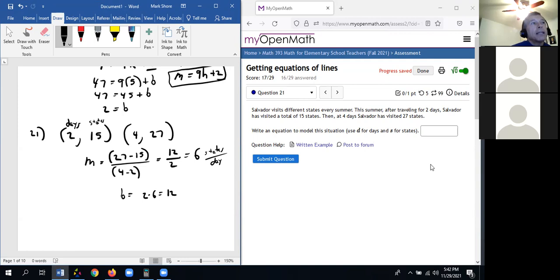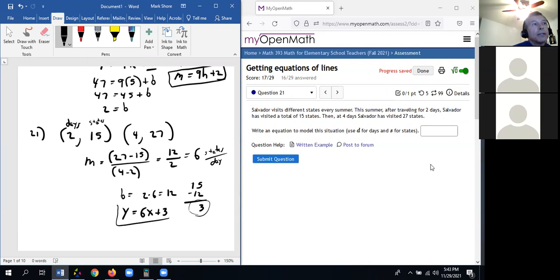So if we take the 12 and subtract it from the 15, 15 minus 12, that means at day 0, she was at 3. That is your y-intercept. See, day 2, she was at 15. She's seeing 6 states per day. 6 times 2 is 12. 15 minus 12 is 3 states that they saw to start off with. So the equation would be y equals 6x plus 3.